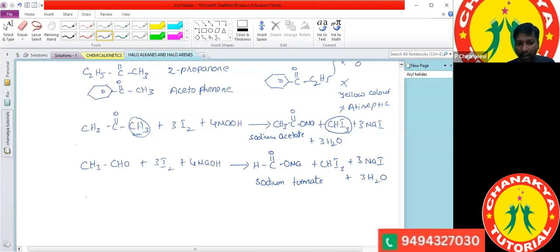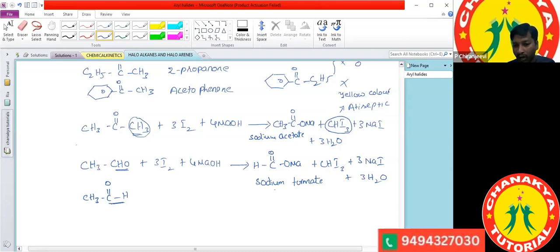To make it clear, I will write this structure as CH3 bond C double bond O bond H. So the CHO aldehyde functional group we can also write like this. In this one, we are replacing the methyl with ONa. If you replace the methyl group with ONa, it means H C double bond O ONa.